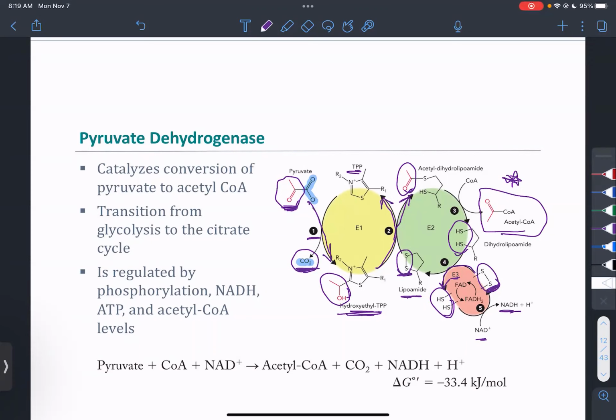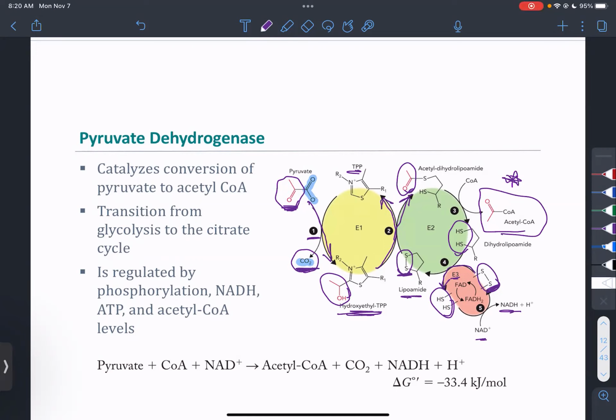So we know really that acetyl-CoA has 2 fates in the cell. Either you're going to go through the citrate cycle once we make it and get converted to ATP, or we have really high energy, and so we're going to send it off to be turned into fatty acids and or proteins, right? That depends on what we need. All right, but it's important to remember that this reaction is irreversible, right?